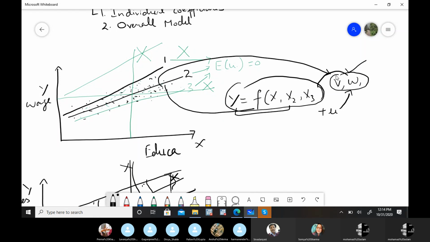There are some other factors, so you have to think in theoretical terms about what other decisions or variables are making changes in the behavior of the y variable, which it is not possible to capture through the x variable. So that's causing the change here.